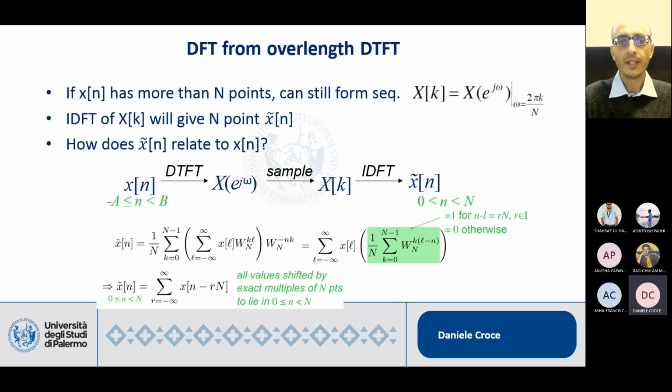Because what you have is the summation of all the roots of unity, and if you sum them all, you have capital N divided by capital N, which is 1. Instead, if n minus l is different from a multiple of N, then this summation will be 0.